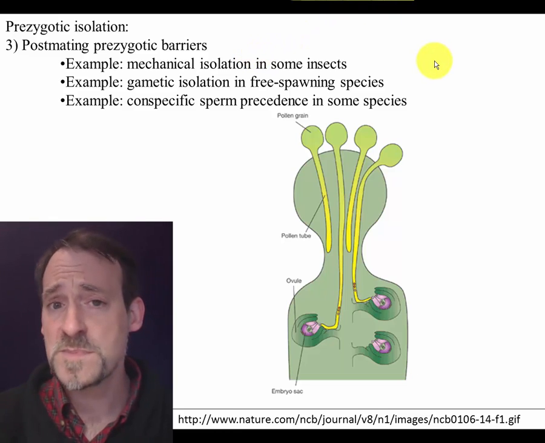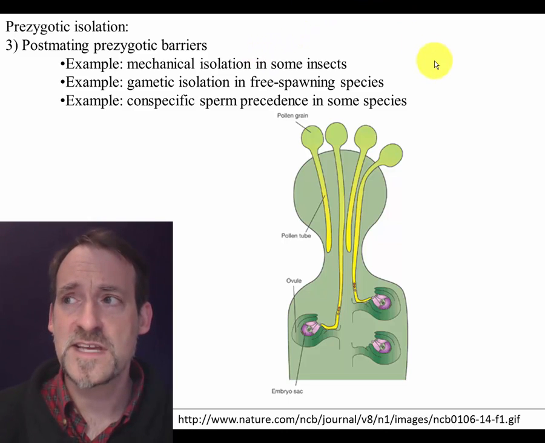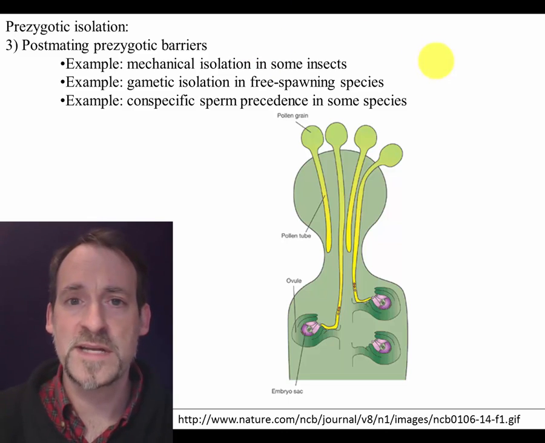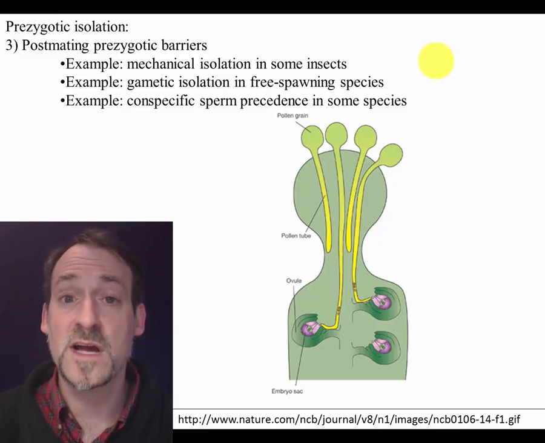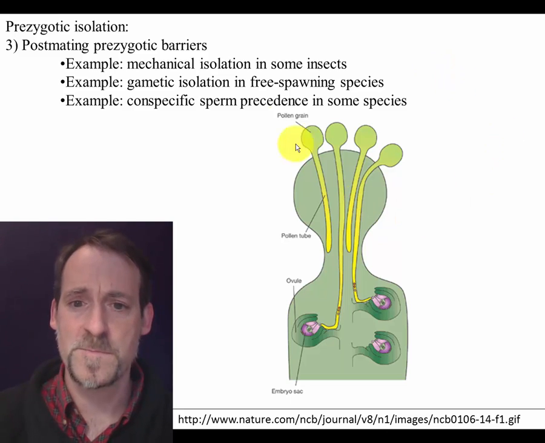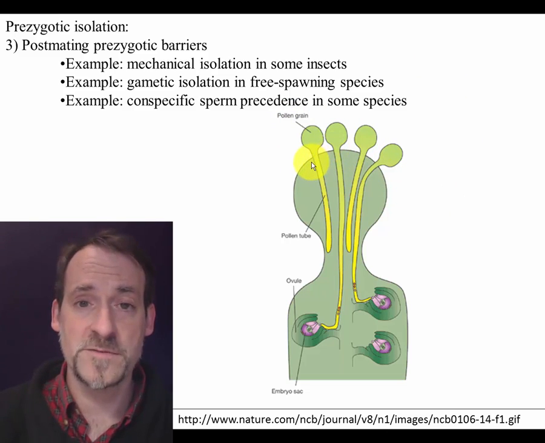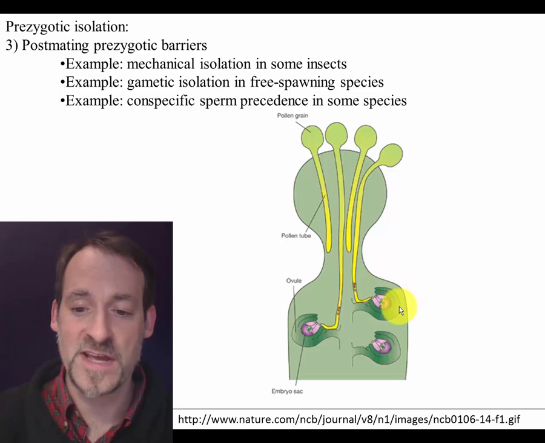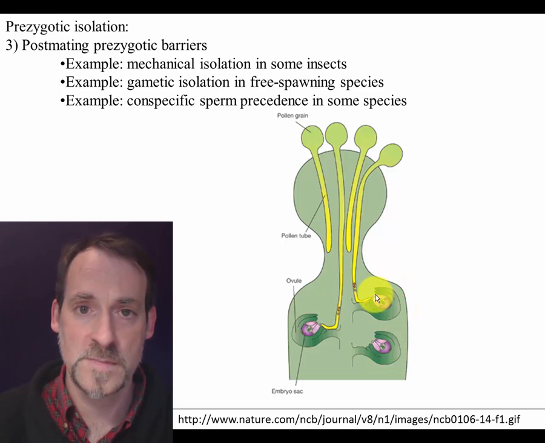In some species of plant, the same sort of effect occurs, but it's mediated by a mechanism that's called conspecific sperm precedence. When a pollen grain lands on the stigma of a receptive flower, it sticks there and it starts growing what's called a pollen tube down through the pistil toward the receptive egg cells in these ovules.